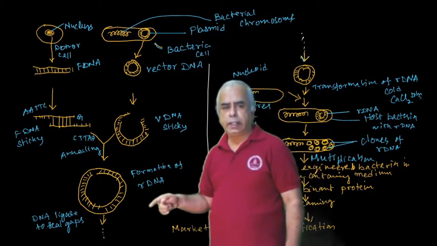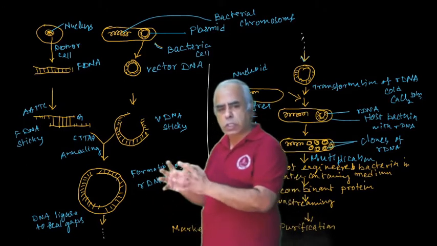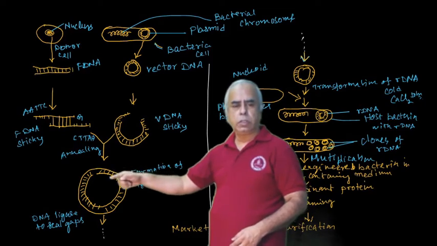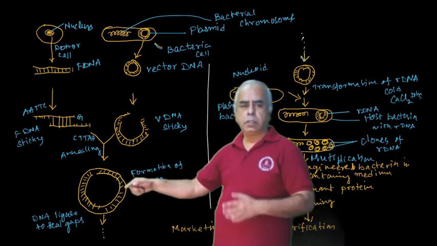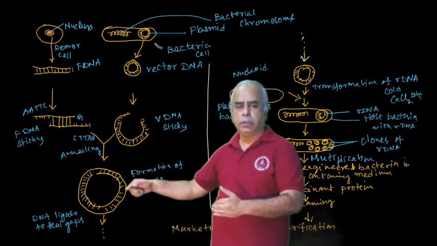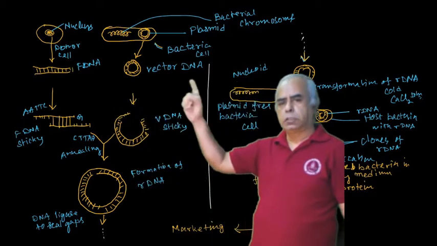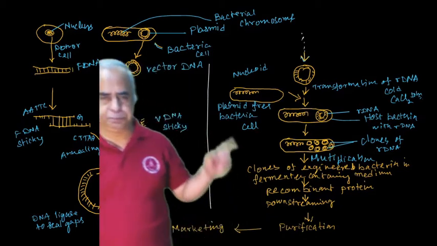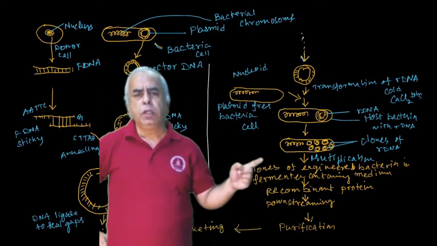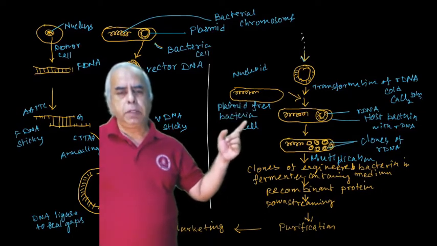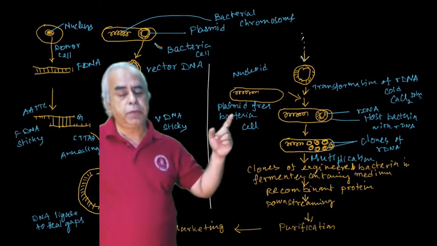Then the rDNA has to be sealed. There will be some gaps, you can find them here. These should be completely sealed using the DNA ligase, is it not? Now we will go to this part. Here we have the nucleoid and the plasmid-free bacterial cell.